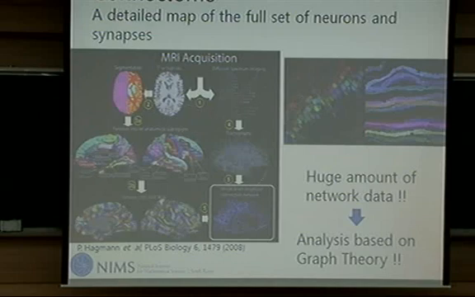The left one is called detailed MRI imaging, which measures the diffusion properties of water molecules in the brain. When you see the MRI imaging, each box, which measures the magnetic properties of a small area, tells you the diffusion property of water molecules.